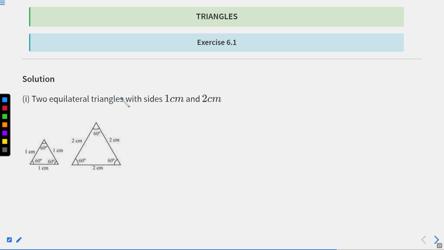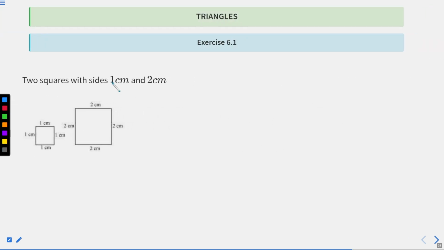Why are they similar? Because all corresponding angles are equal and their corresponding sides are proportional. That is why two equilateral triangles with sides 1 centimeter and 2 centimeter are similar.